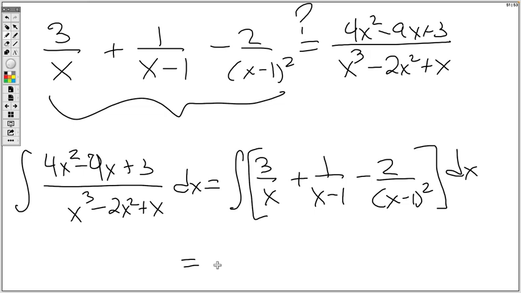What's the first one work out to be? That's 3 what? Yep, natural log x, good. What's this going to work out to be? Natural log of x minus 1. Perfect.